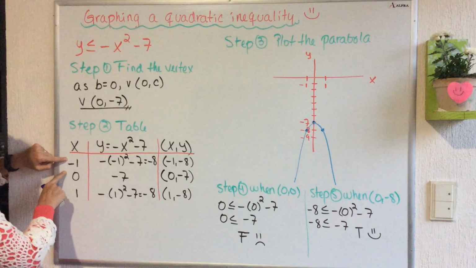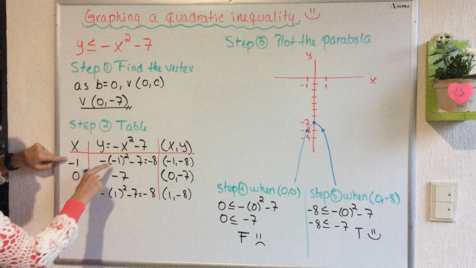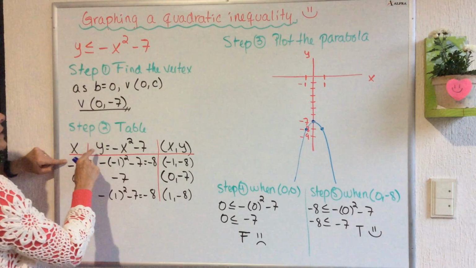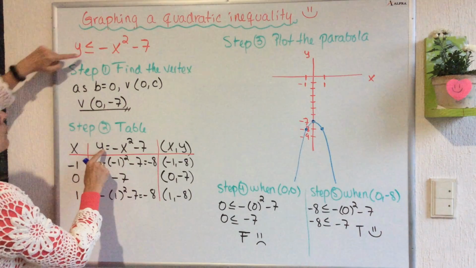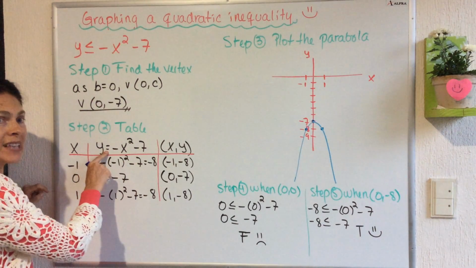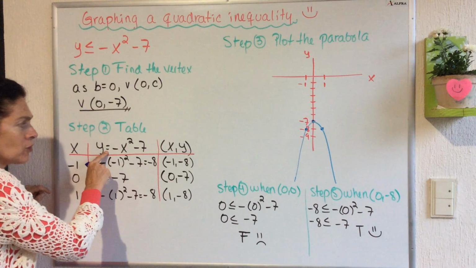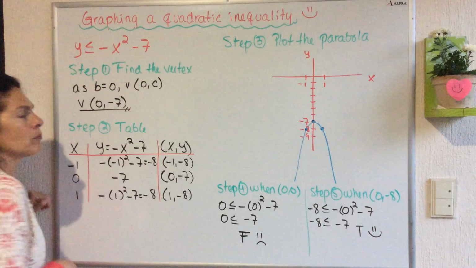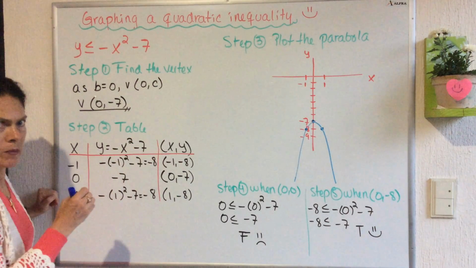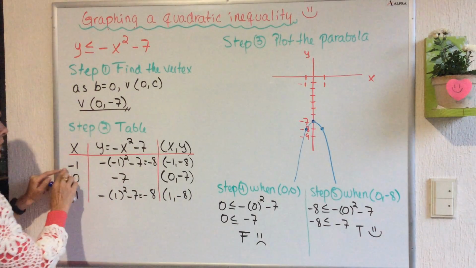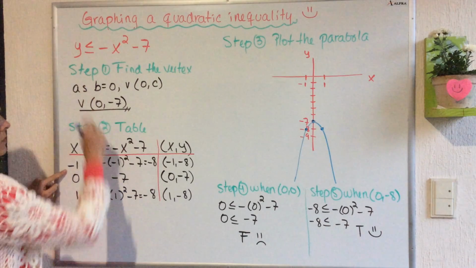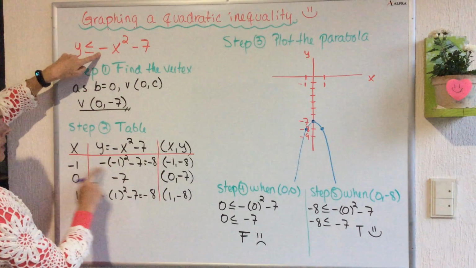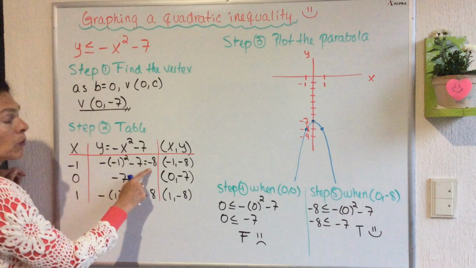So when x equals minus 1 and we substitute it in the equation, important here: I am not going to write the inequality, but I'm going to write it as a normal equation, because this is the way we have to do it in order to find the points, so we can plot the parabola. Now, we substitute minus 1 in the equation, so we have minus, then x, which is minus 1, raised to the second, minus 7, and we get minus 8.